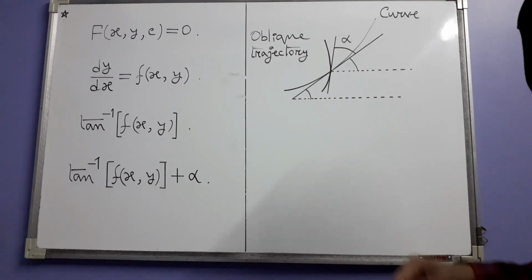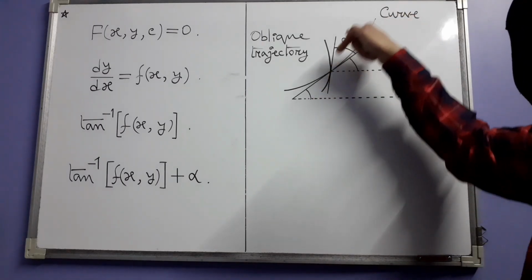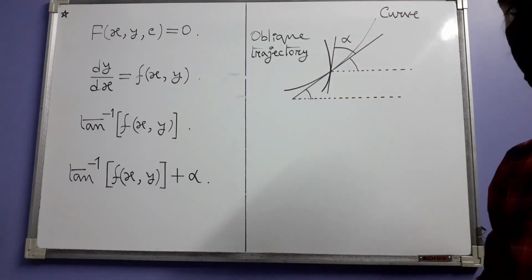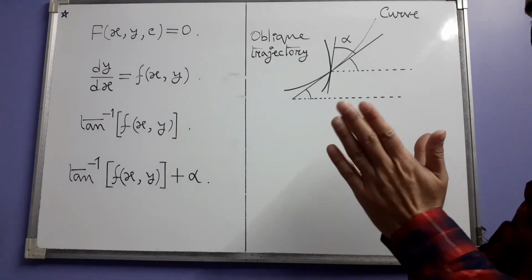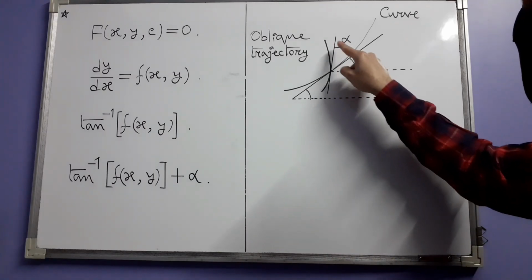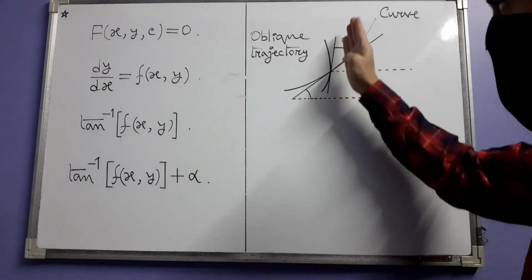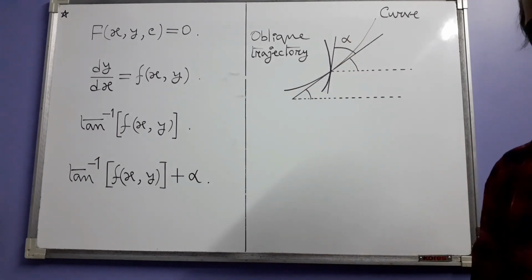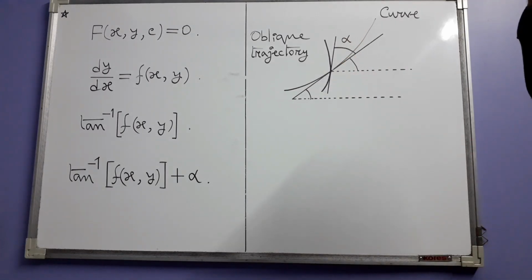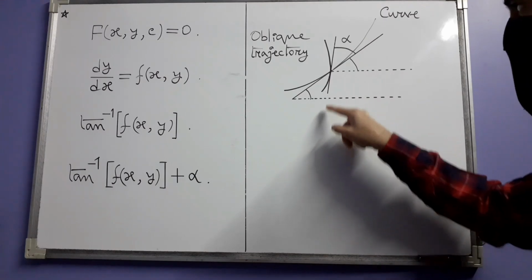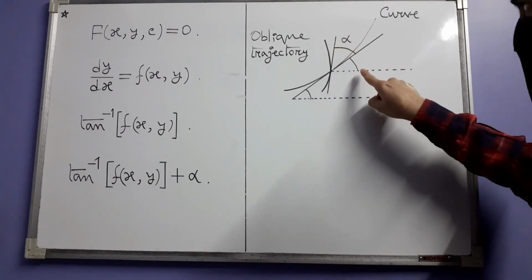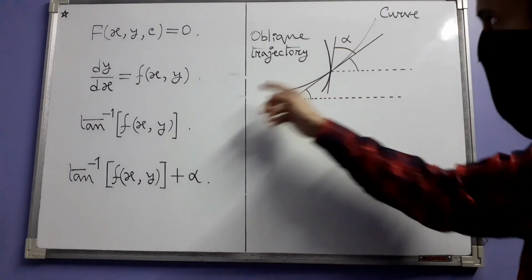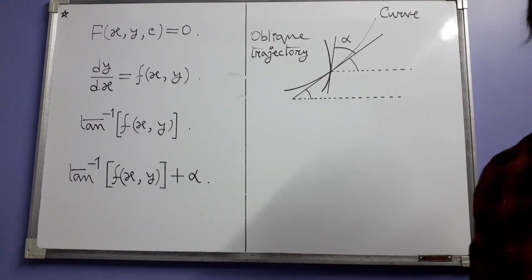Or in other words, if you draw tangents to both the curves at that common point, then the angle between those tangents is this alpha. This is the tangent to the oblique trajectory at that point. Alright, then what is the angle of inclination of the tangent? This angle, which is this angle plus alpha.